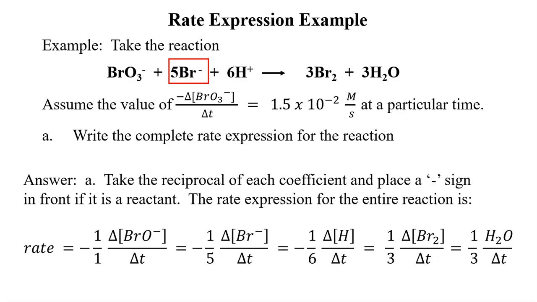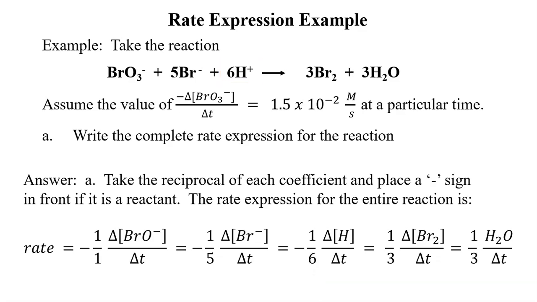There it is. We take that 5 and flip it, so it's 1 over 5. Again, since it's a reactant on the left side of the arrow, you put a negative sign in front. Next, we go to 6H plus, and you flip it to 1 over 6, put a negative sign in front of it because it is a reactant. It's being used up. And that gives you that term right there.